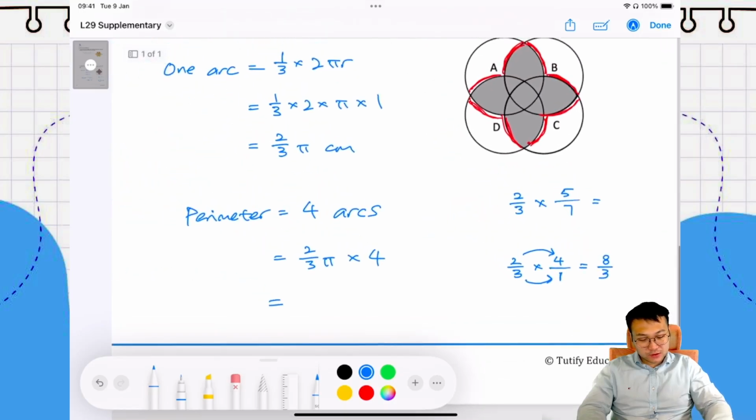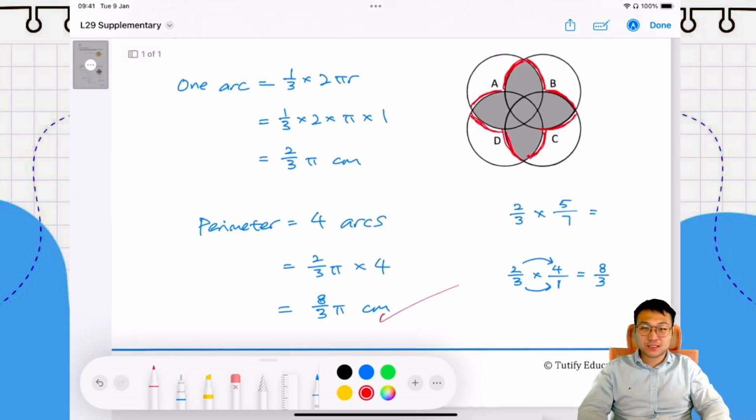Yes, very good. So remember, there's always a denominator for a whole number. If you want to write it as a fraction, the denominator is always 1. Alright, so the answer is 8 out of 3 pi cm. Thank you, Zach. Well done. Any questions about this?